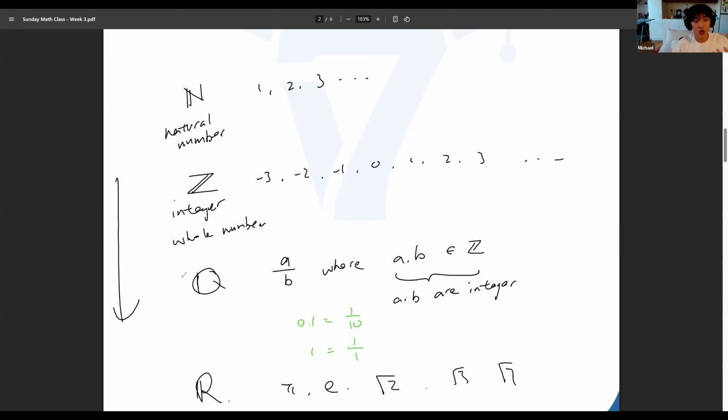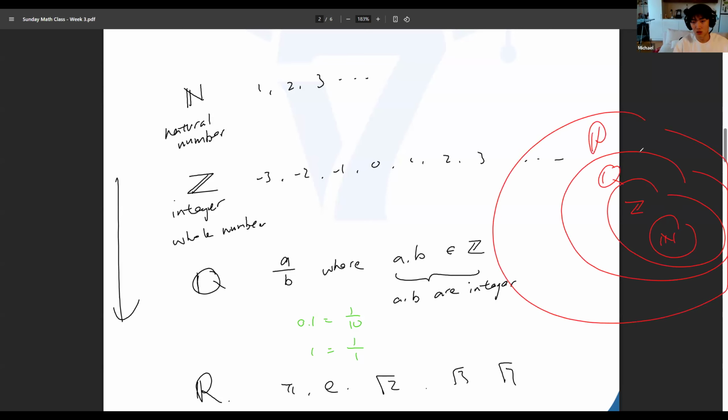What I mean by that is all the rational numbers are real numbers. All the integers are rational numbers. All the natural numbers are integers. So it's kind of like this. You have this circle, natural numbers, another circle, this is integers. You have another circle, and then the last one is real numbers. Does that make sense? I'm pretty sure that makes sense.